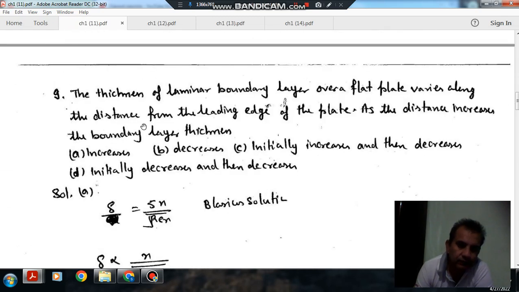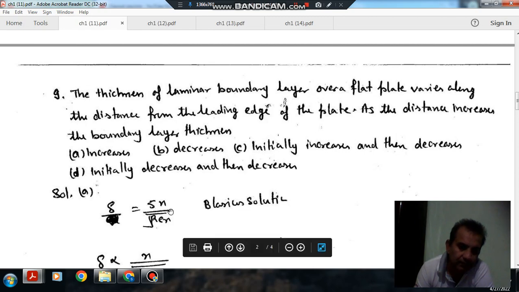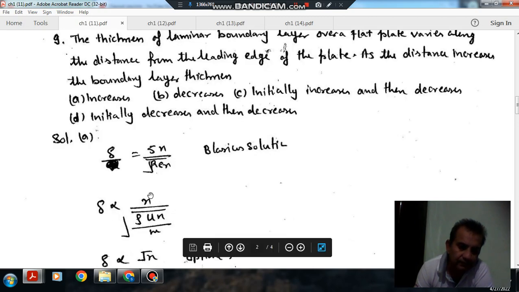Next, the thickness of laminar boundary layer over a flat plate varies along the distance from the leading edge of the plate. As the distance increases, boundary layer thickness: option A increases, option B decreases, option C initially increases and then decreases, option D initially decreases and then increases. From Blasius equation, we have delta equal to 5x by root of Rex, where x is the distance from the edge of the plate and delta is boundary layer thickness.